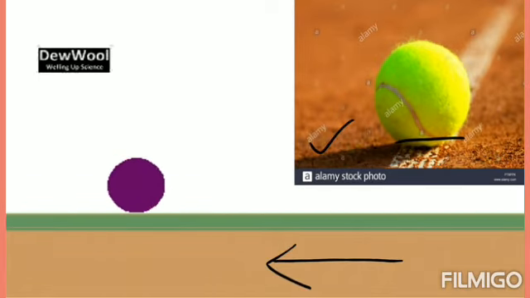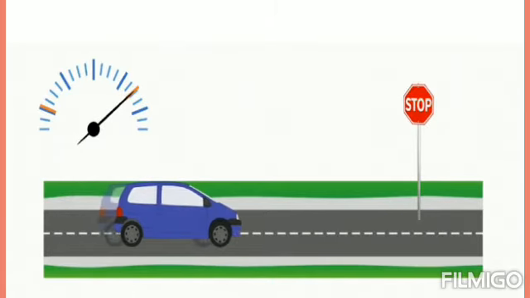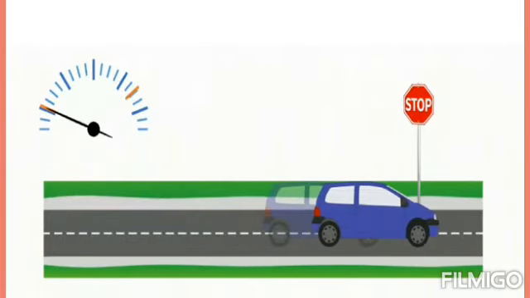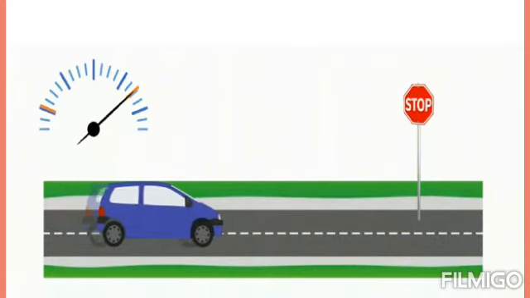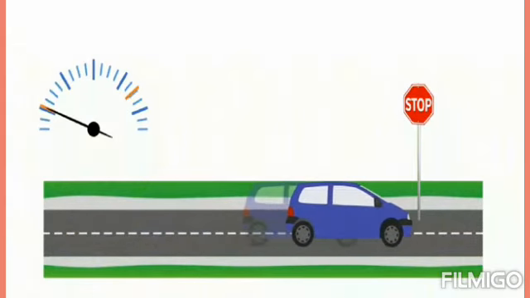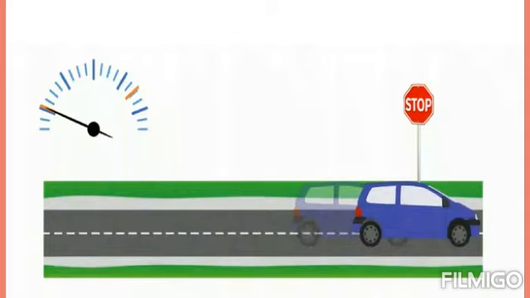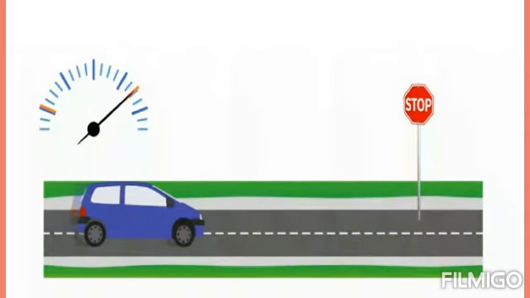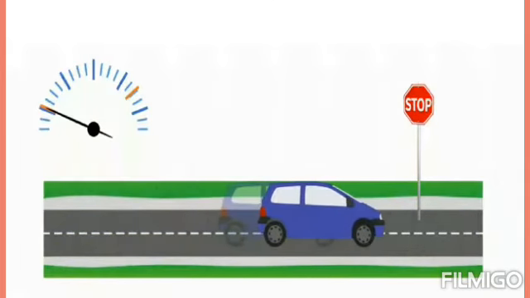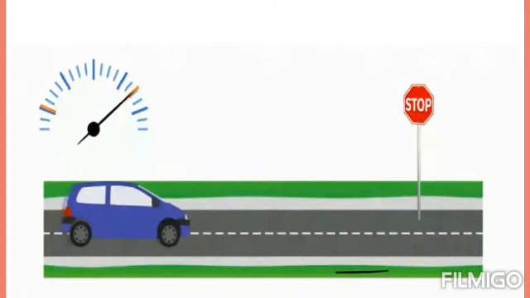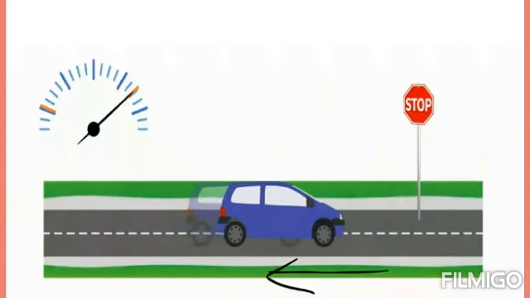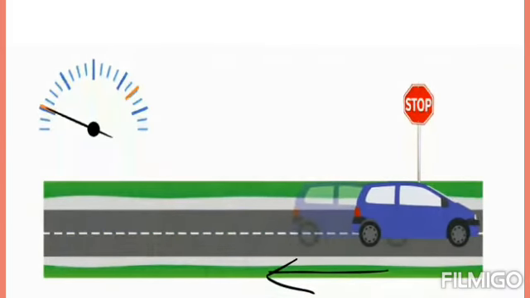You also know that a car can rest when its engine is switched off. Even here, it is the frictional force between the surface of the tire and the ground that brings the car to rest. And this frictional force always acts in the opposite direction of the motion of the object, that is the car.